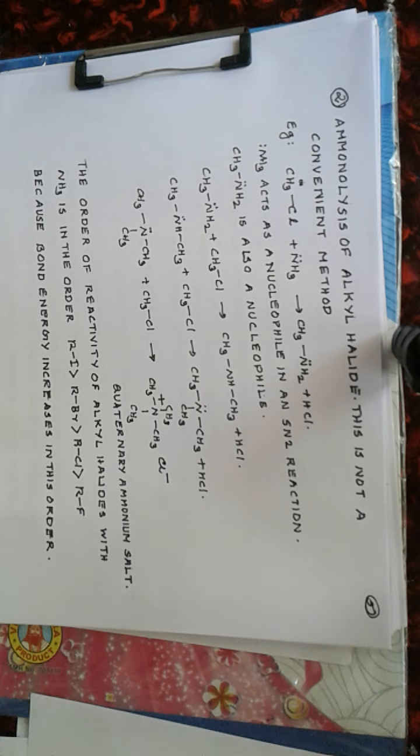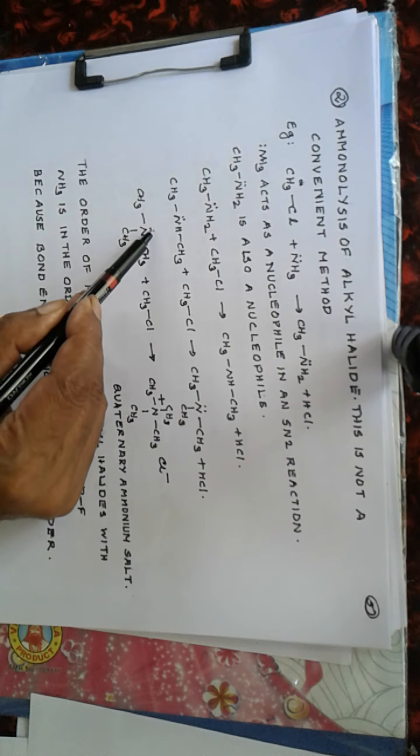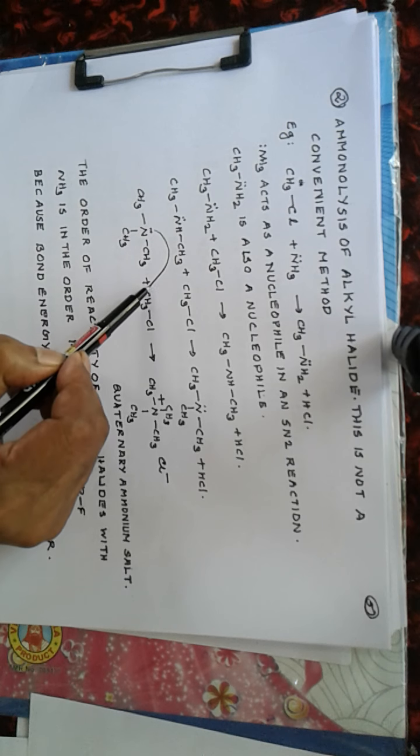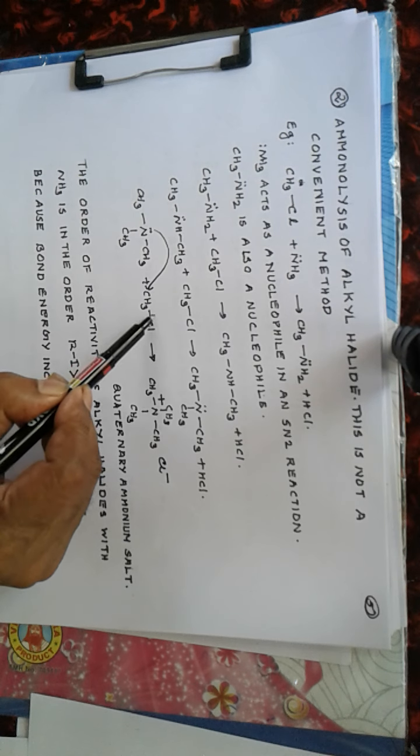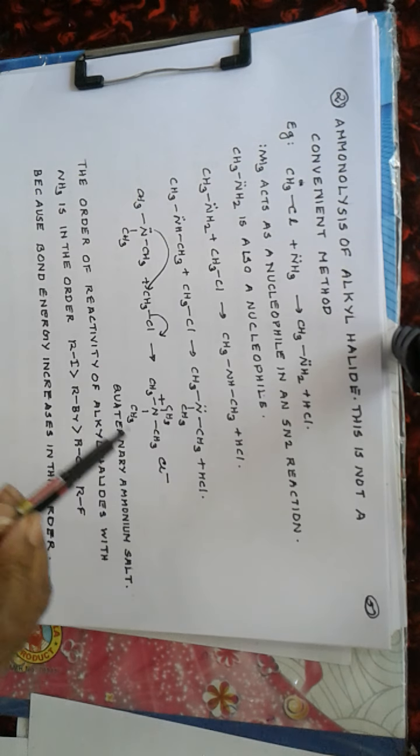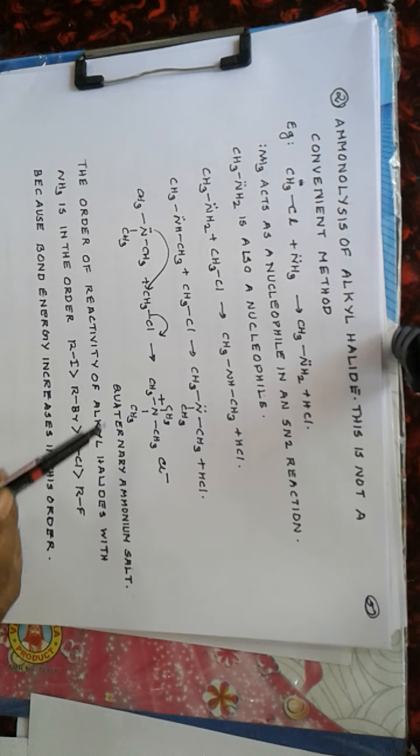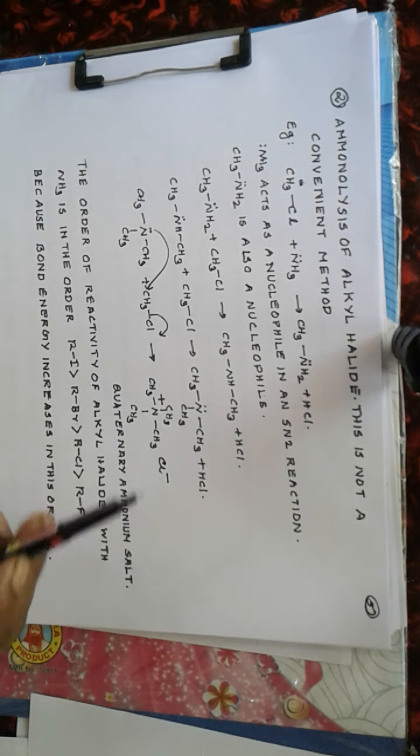It cannot be considered as an SN2 reaction, but again a nucleophilic attack by this lone pair over this methyl and removal of Cl negative, and we get the quaternary ammonium salt, tetramethyl ammonium chloride.